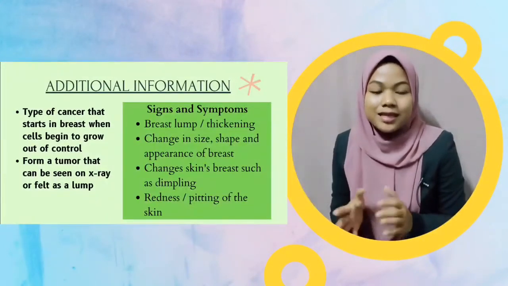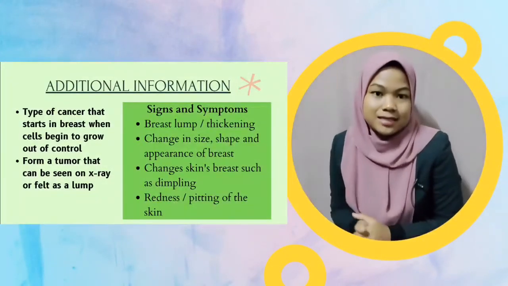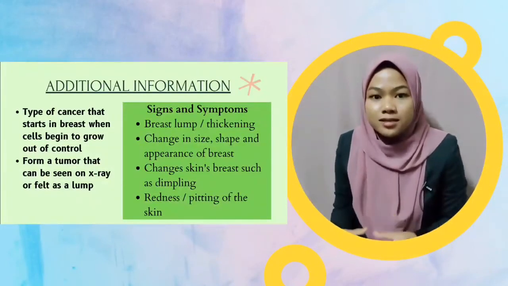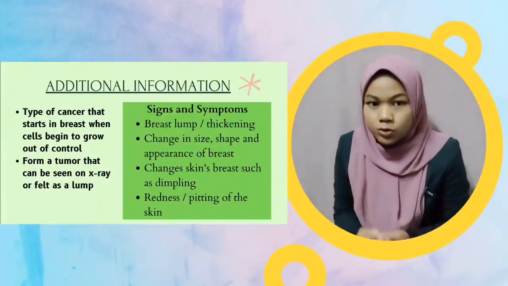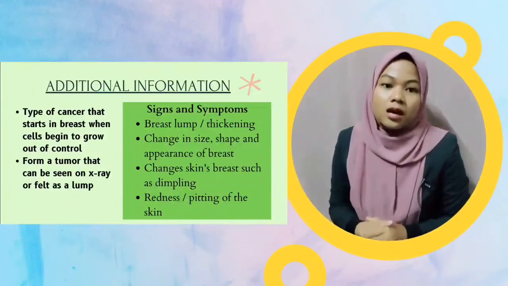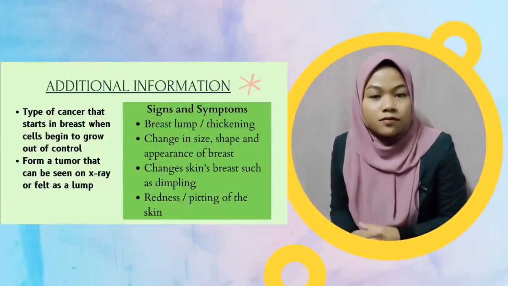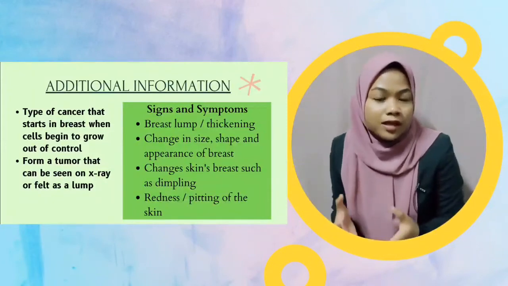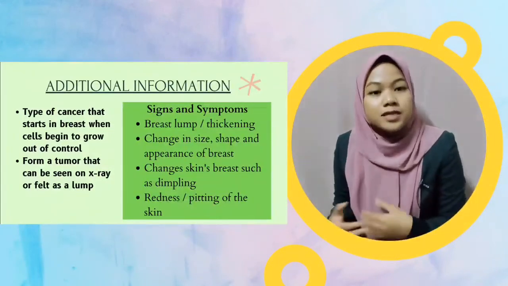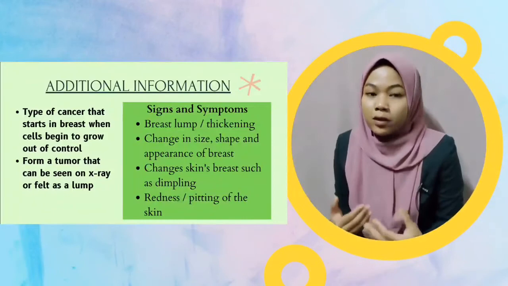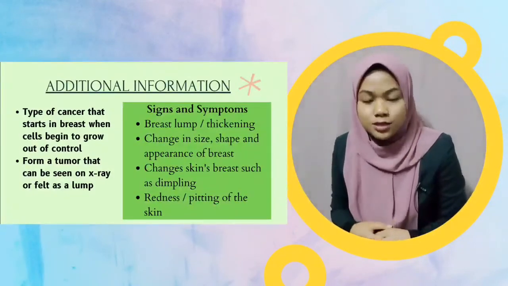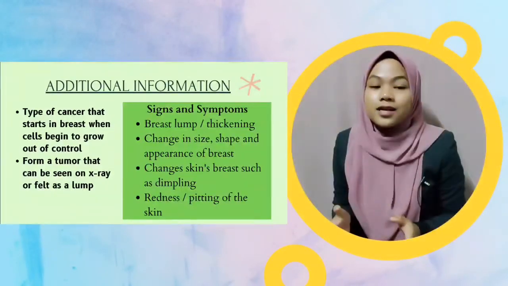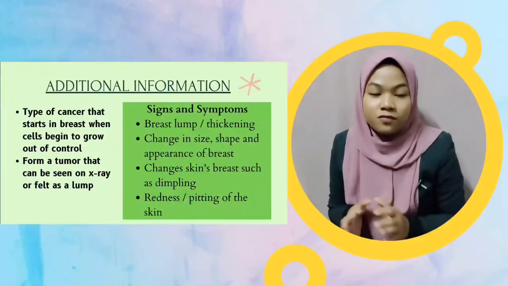According to the case, the disease included is breast cancer. Breast cancer starts when cells begin to grow out of control in women's breasts. Breast cancer cells usually form a tumor that can be seen on X-ray as well as felt as a lump. Usually, breast cancer occurs in women, but men can get breast cancer too. There are several signs and symptoms of breast cancer.